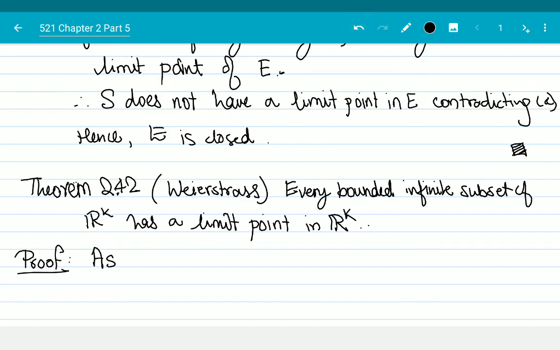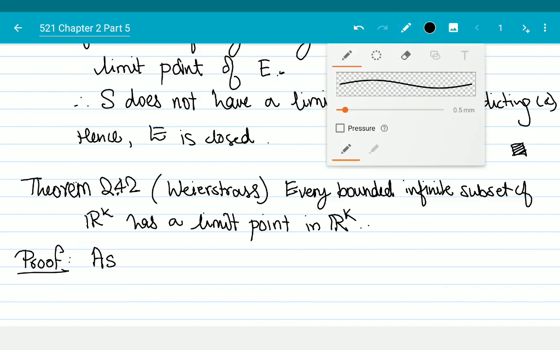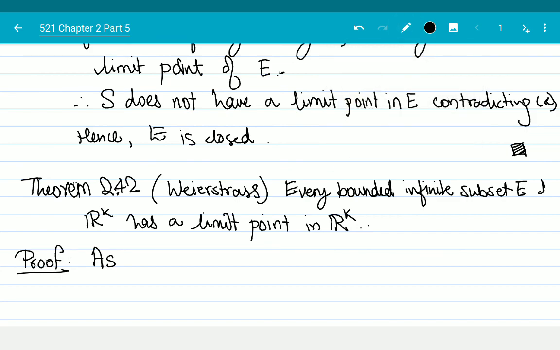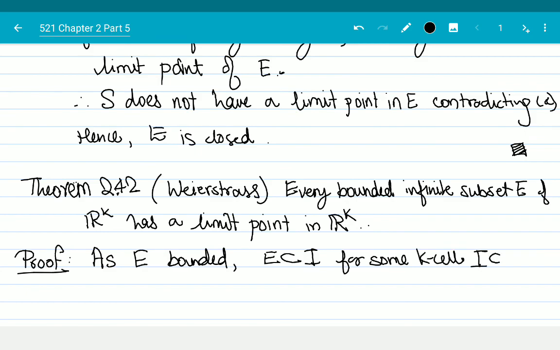As E is a bounded subset of Rk, E belongs to some k-cell I of Rk.